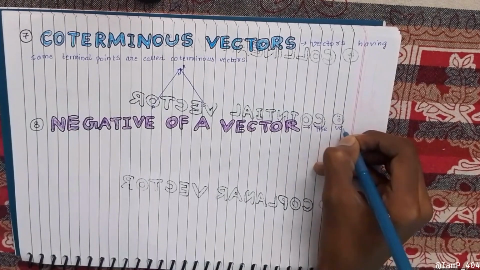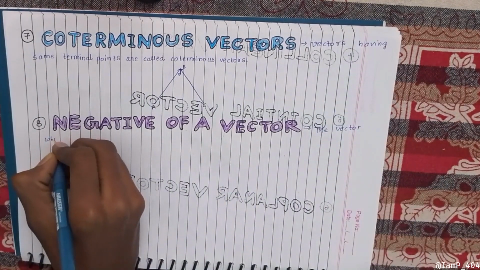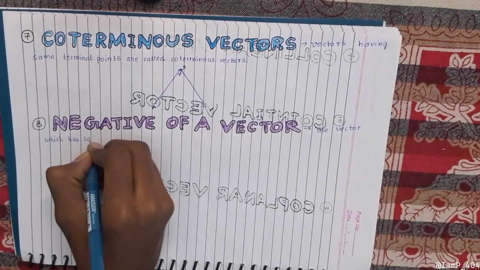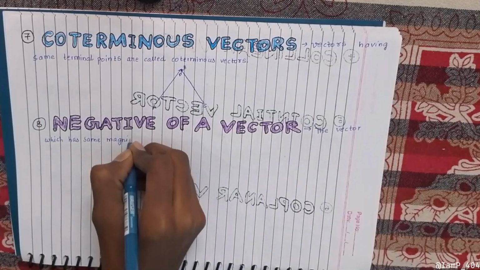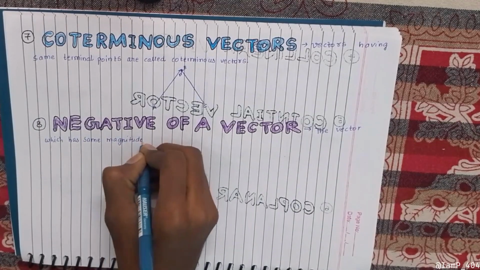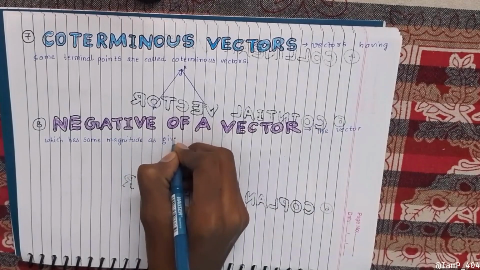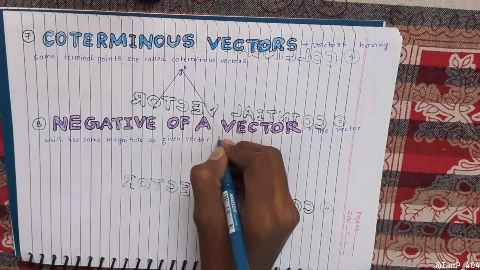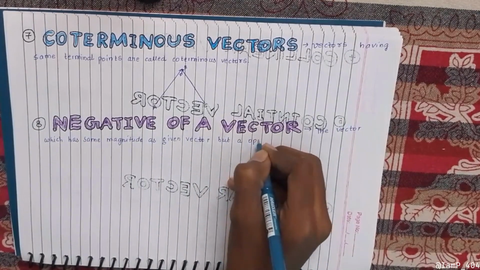The vector which has the same magnitude as the given vector but an opposite direction.